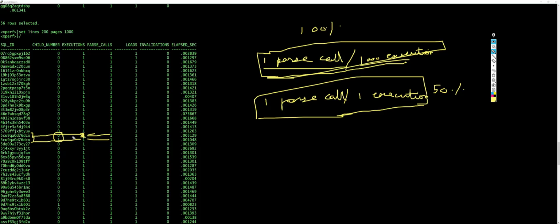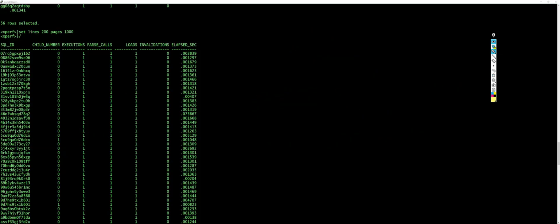If the child number is not incremented, then here it will be shown as 2, right? If 1000 parse calls happen per one execution, then this is completely bad. So these are the details related to child number, executions and parse calls. We can use this view for troubleshooting these parsing issues.